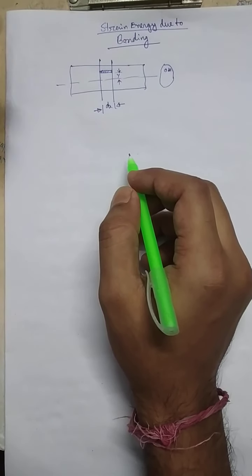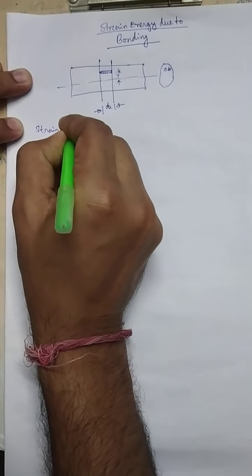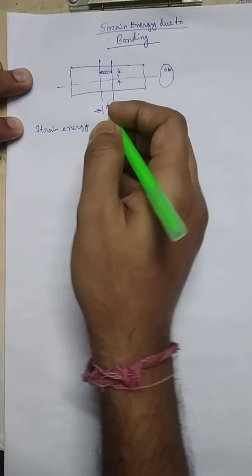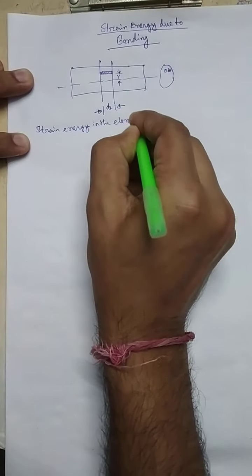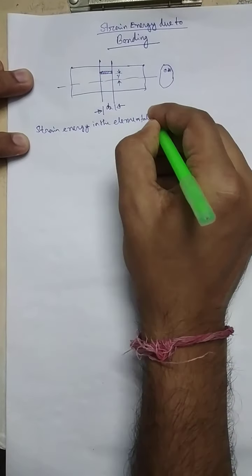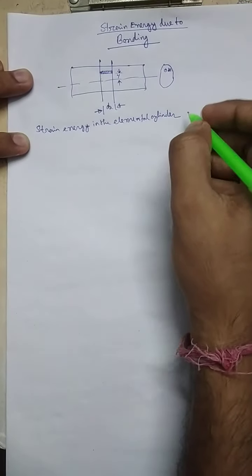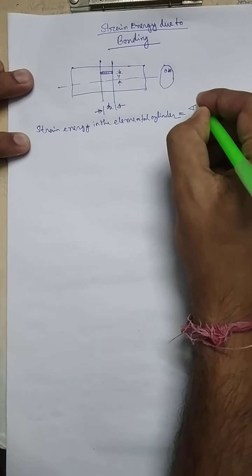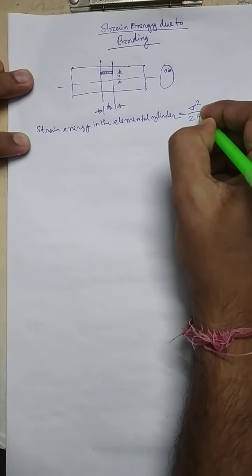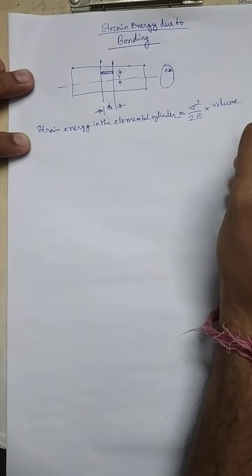Now if that happens, then the strain energy in the elemental cylinder is, we know the formula, sigma square by 2E into volume.